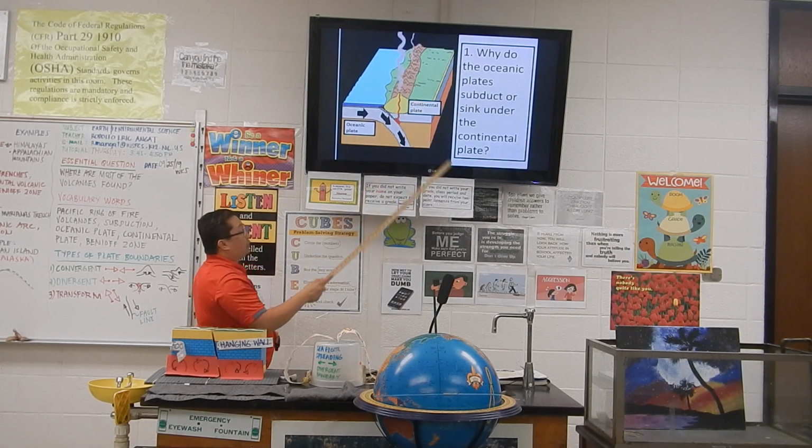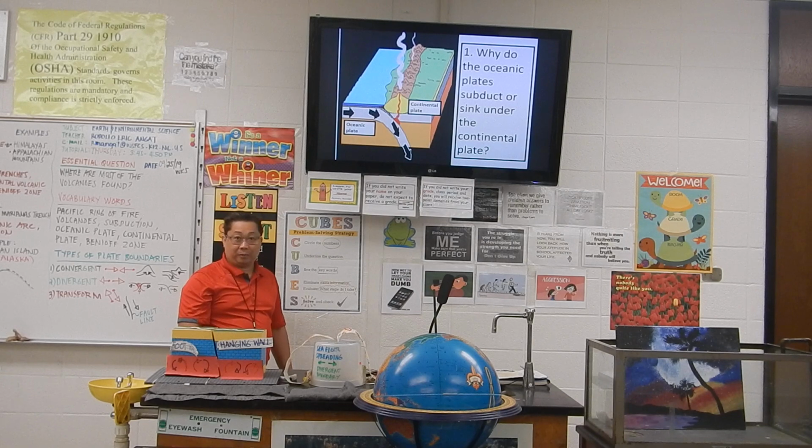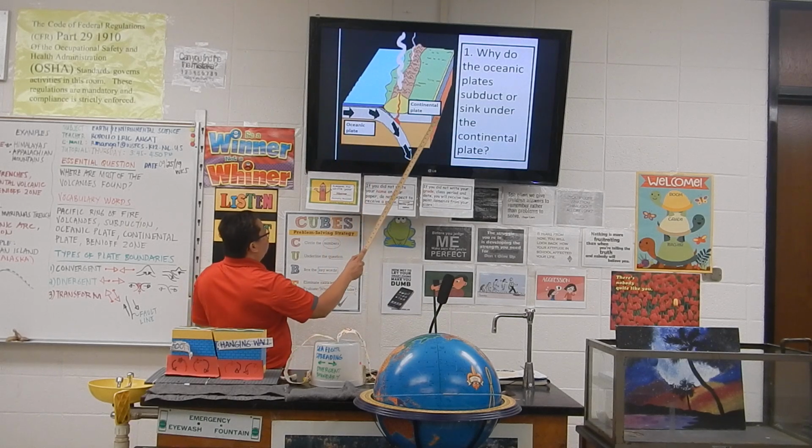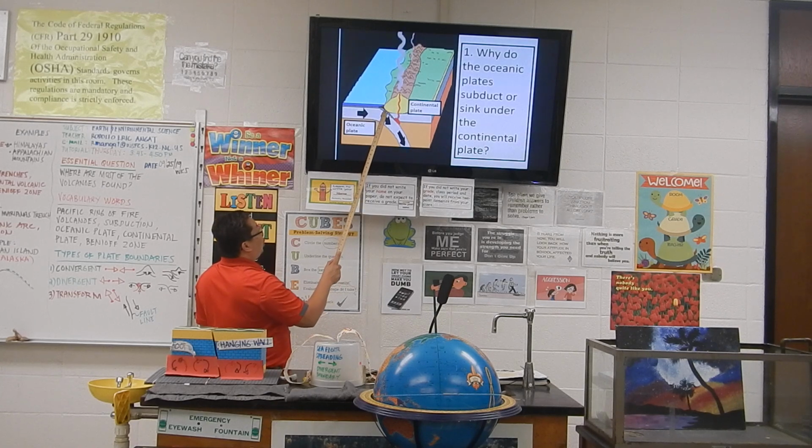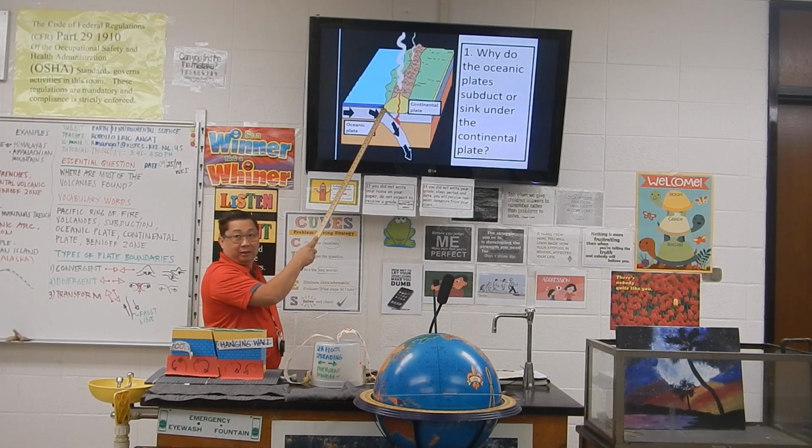While the continental crust or the continental plate is mostly made up of granite rocks, and because of that, it is less dense. The convergence of the two plates forms what we call a convergent boundary.